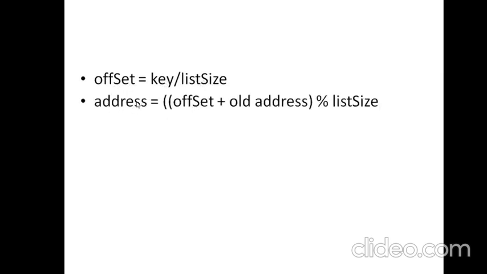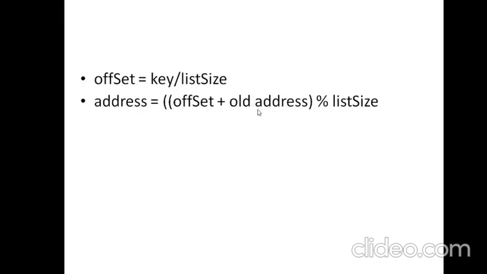The simple scheme is, first you calculate the offset as key divided by list size. The key is the one that you want to store, and list size is the fixed number, let's say 307. So you calculate the offset simply by dividing key by list size. After that you find the address by adding the offset to the old address, modulo division by list size.